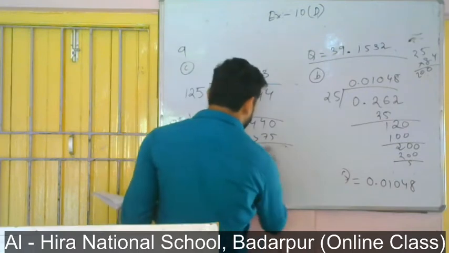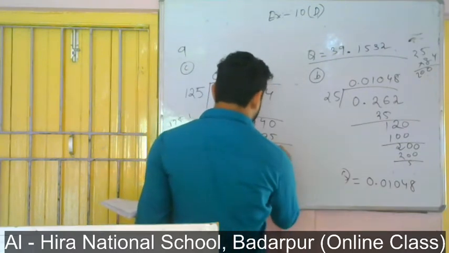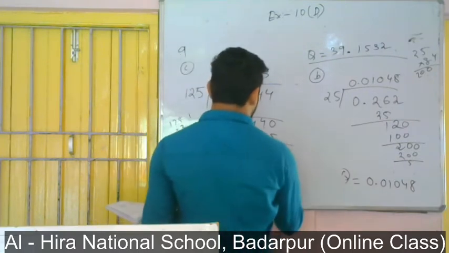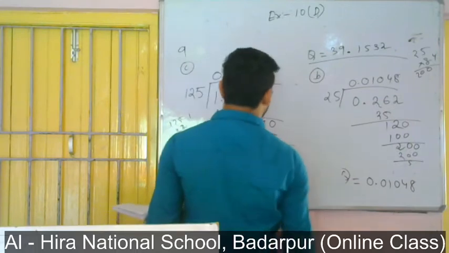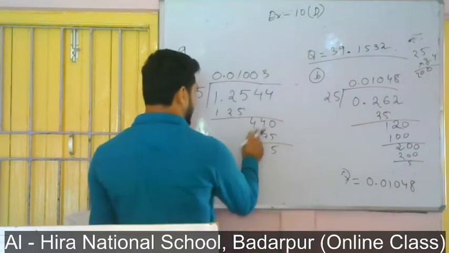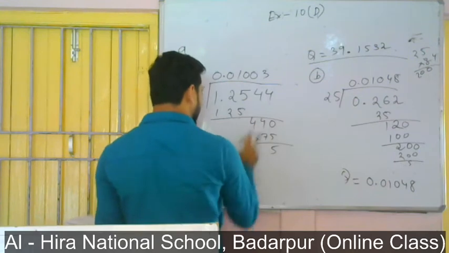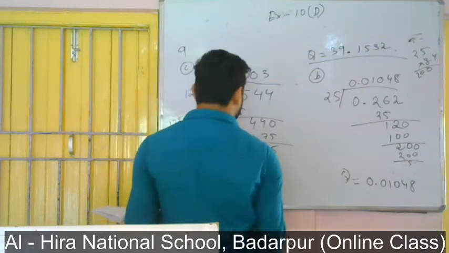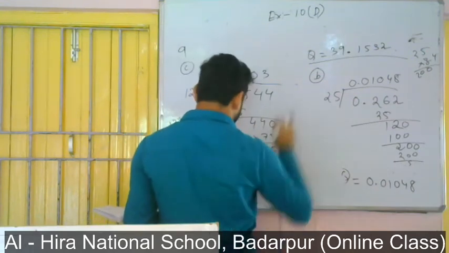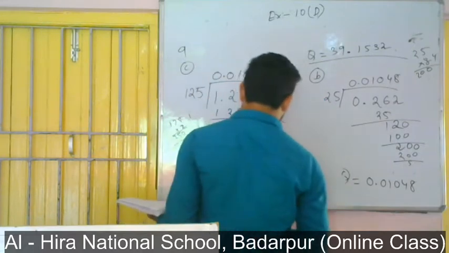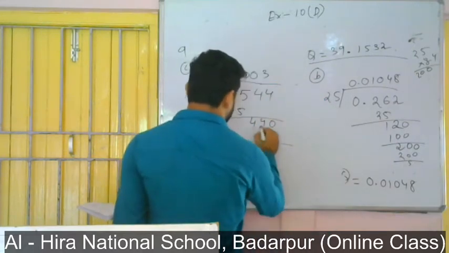Yes, I have made a mistake here. You see here 5. So here remain 3. Yes, here remain 3. I have taken this one as 9, so here remain 3. So 13 minus 7.